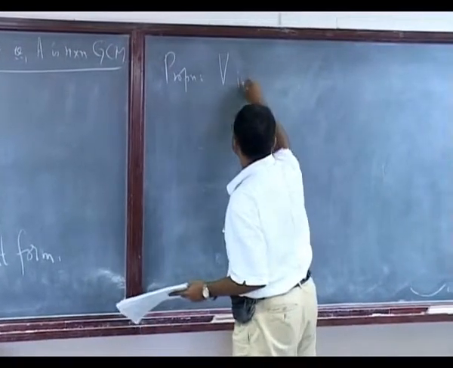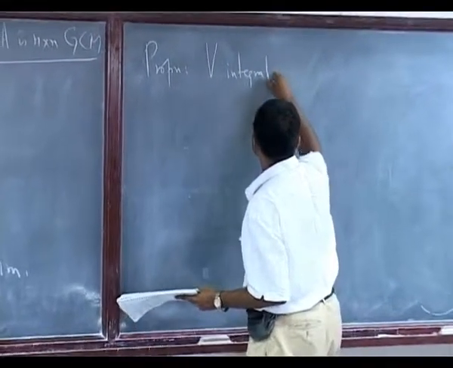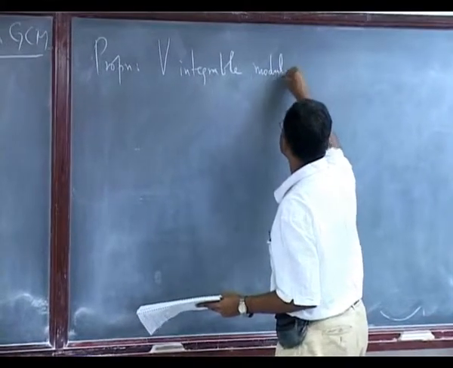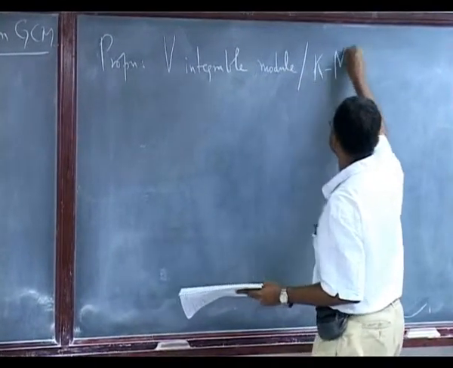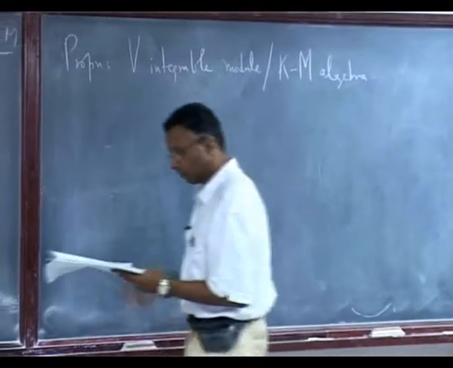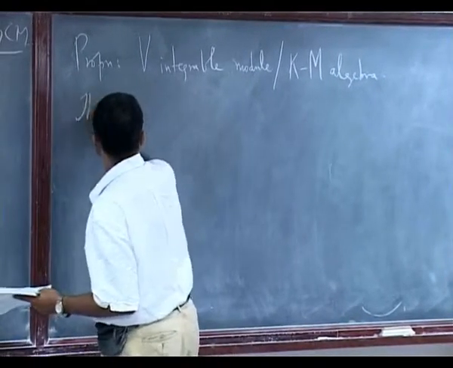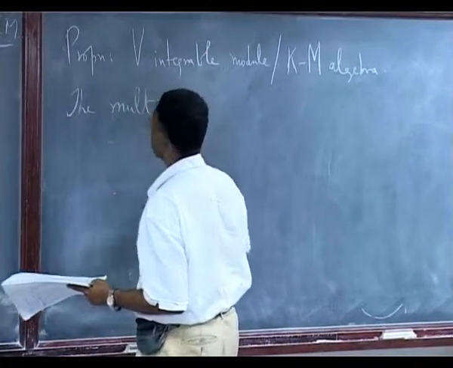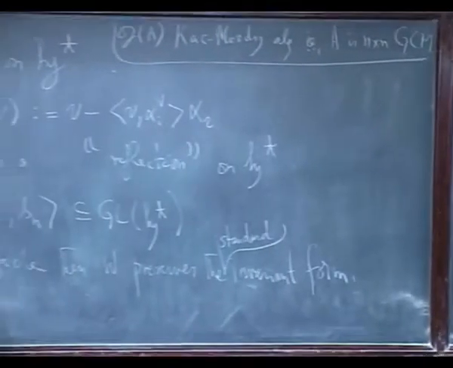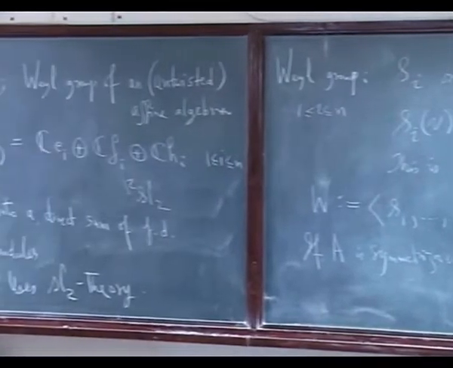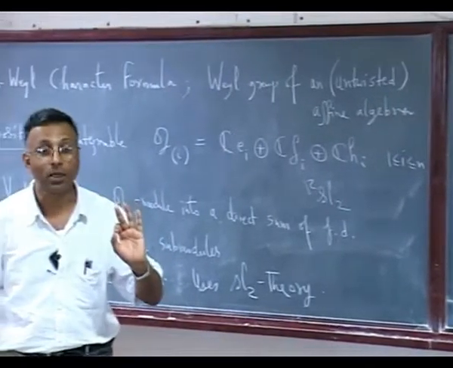if V is an integrable module over a Kac-Moody algebra, then the multiplicity of a weight space, I forgot an important element in the definition of the integrable module.